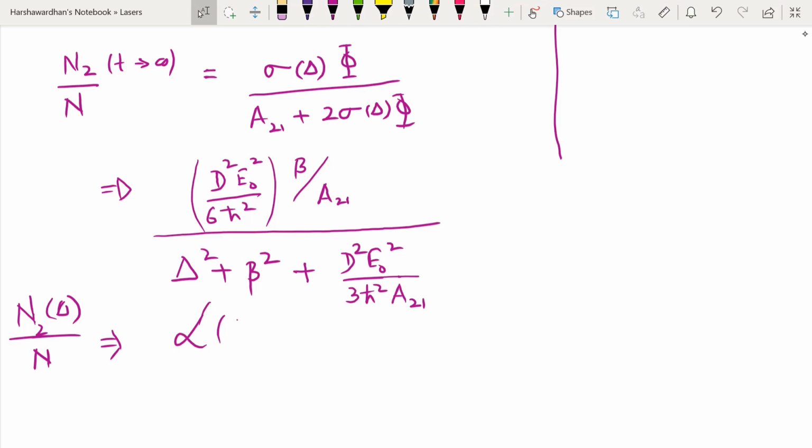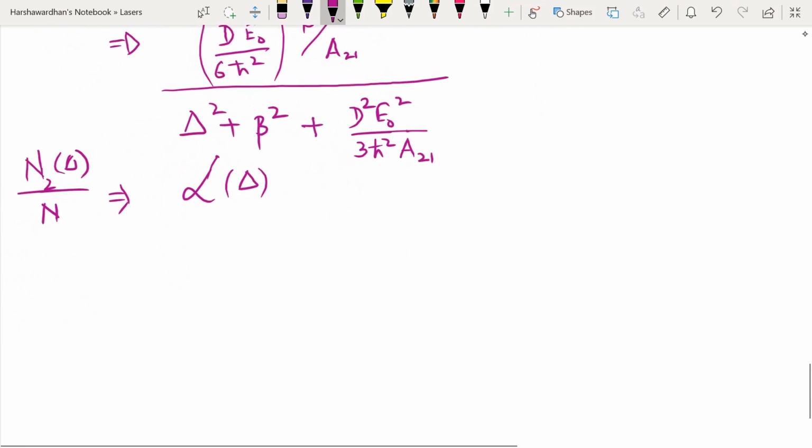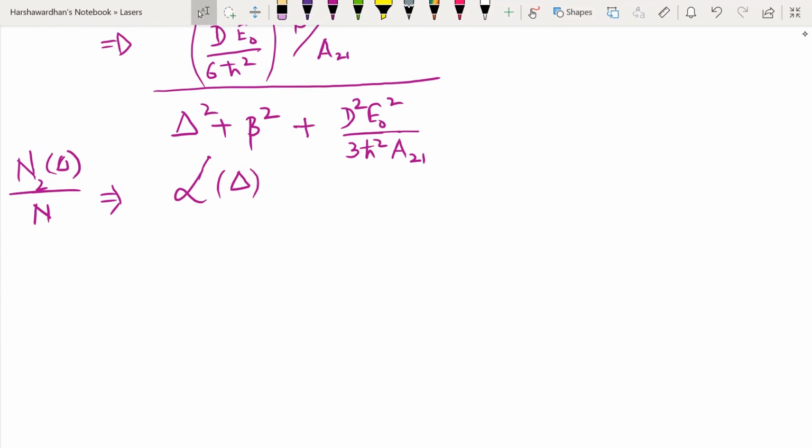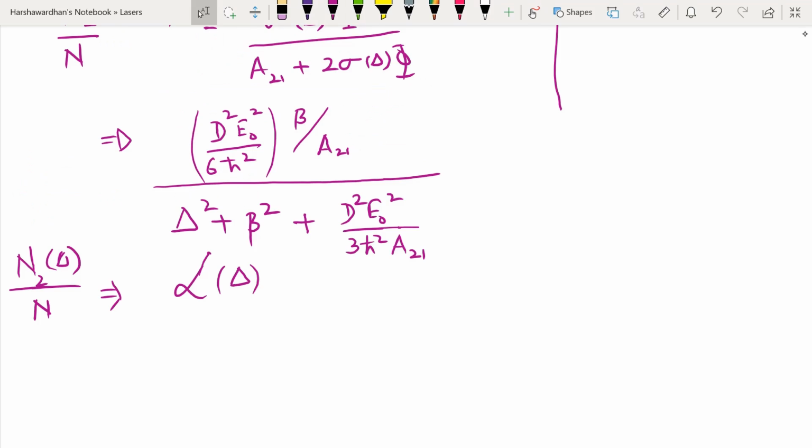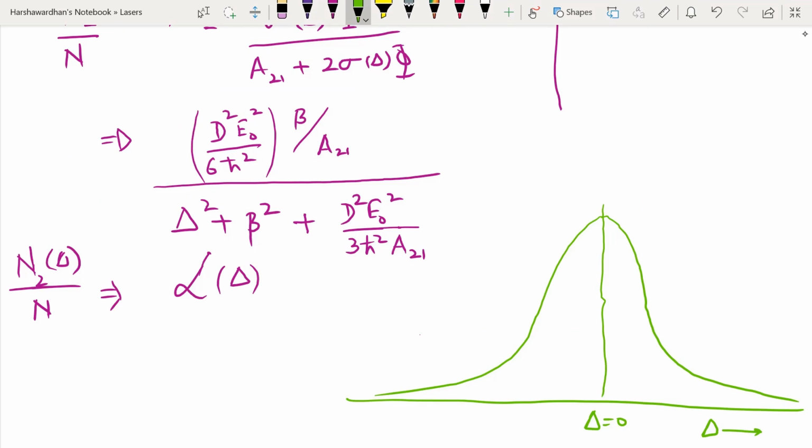And not just that, let's look at the width of the Lorentzian graphically. What you would see is that I get a Lorentzian, and the width of this Lorentzian is no longer merely beta.